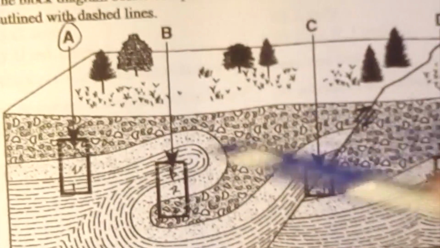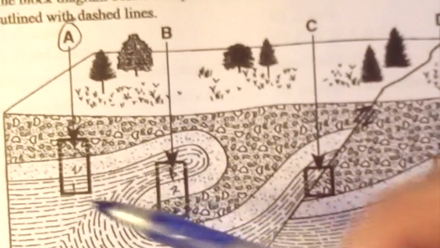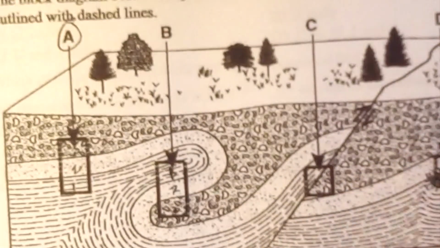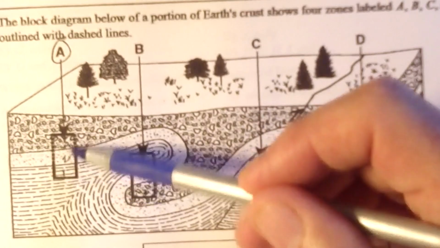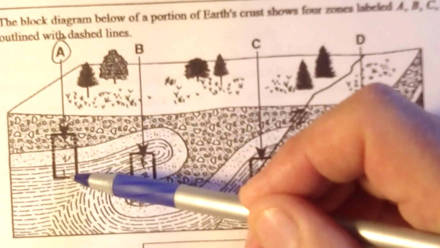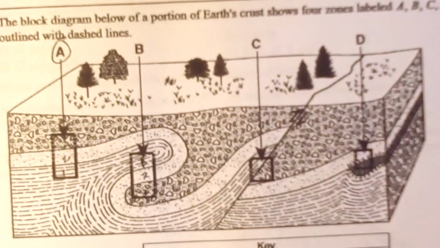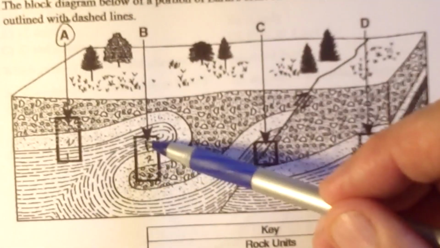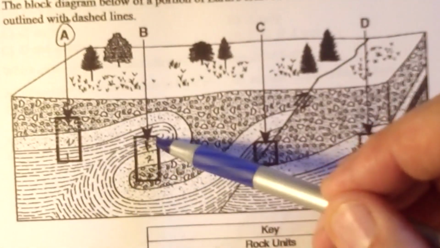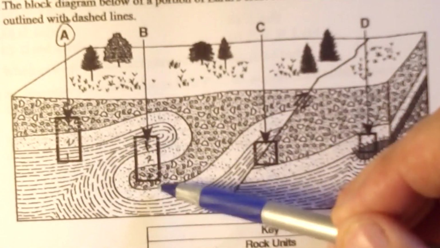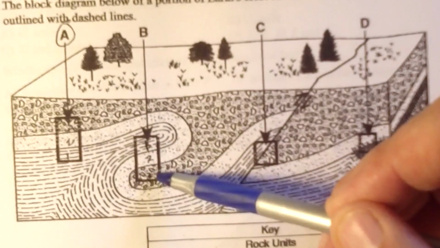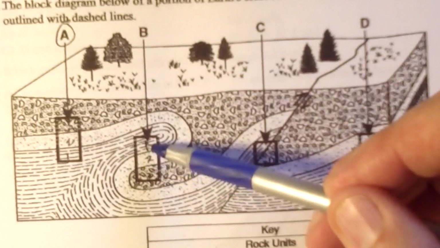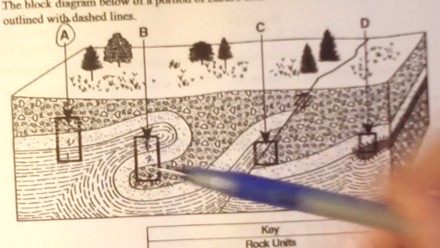And what I did here is I did number the layers. So this would be layer number 1, this would be layer number 2, and this would be layer number 3. So when you look over here, the oldest is at the bottom and the youngest is at the top. But in this box section right here, this layer has actually been thrust over the other 2 layers. So this youngest layer is at the bottom and the oldest layer is actually at the top.